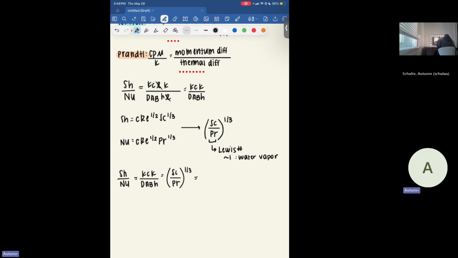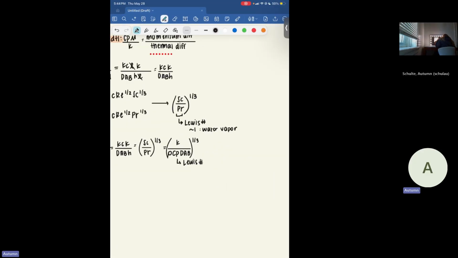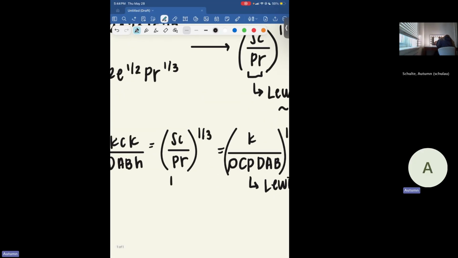And if you divide the Schmidt number by the Prandtl number, you'll have the thermal conductivity divided by the density multiplied by the heat capacity multiplied by the diffusion coefficient. This is to the power of 1/3, of course. And so this is also our Lewis number.